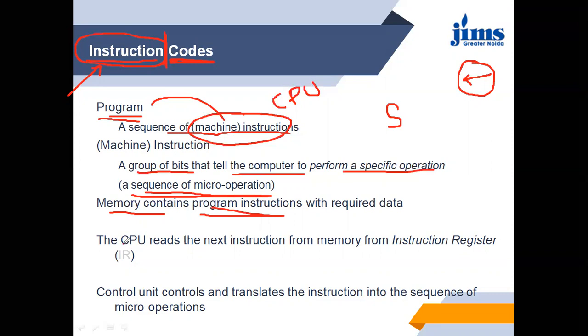Now the CPU reads the instructions from the instruction register, like an instructor who tells someone that you have to perform this task. In the same way, in the computer there is an instruction register, IR, where the information is stored that tells what operation the computer has to perform next.